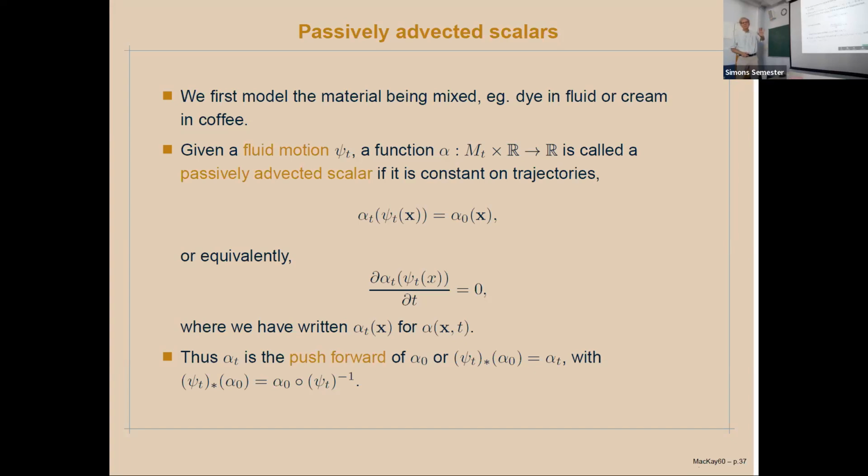It's what it looks like after time t. It's just a push forward of the initial condition. This just says its derivative along trajectories is 0. So as I said, it's really just standard push forward. All right, so this is what it means for a scalar to be advected. Again, ignoring diffusion and chemical reactions in it. So we just have some quantity and we push it forward in the simplest way.